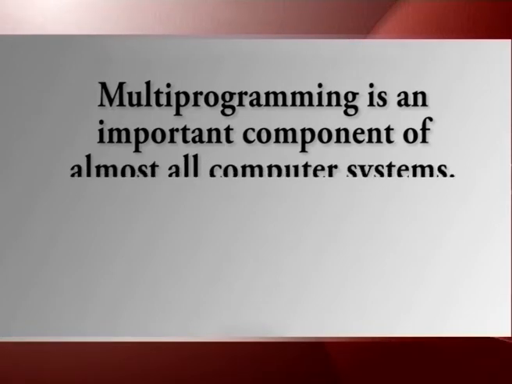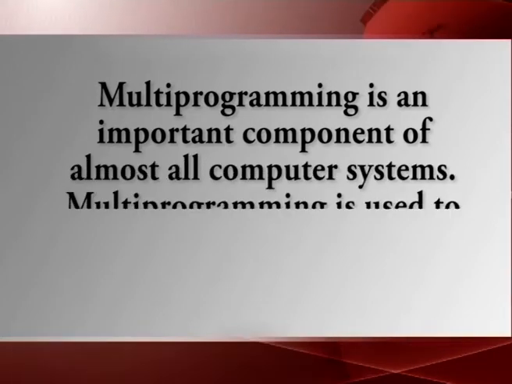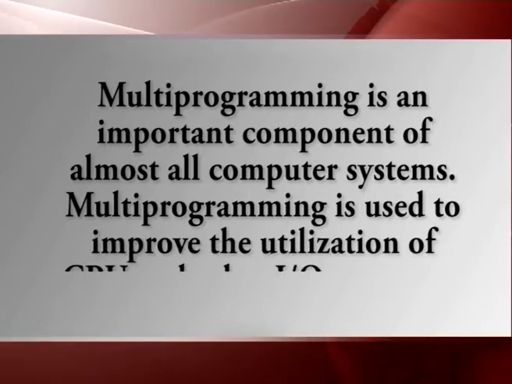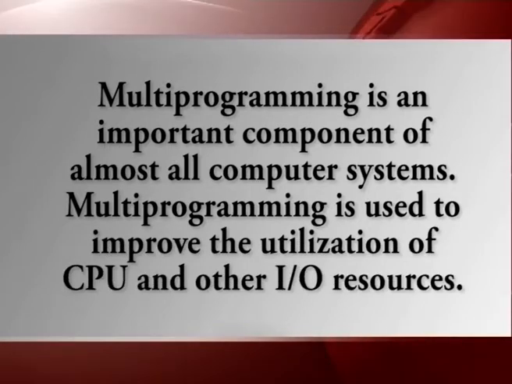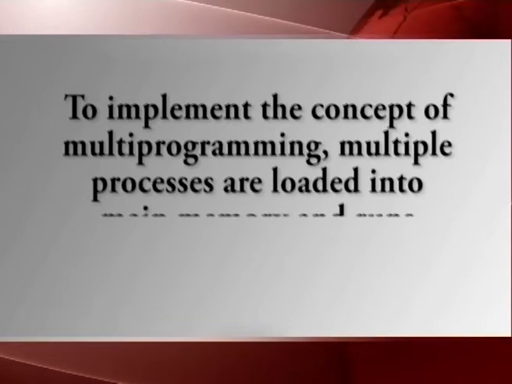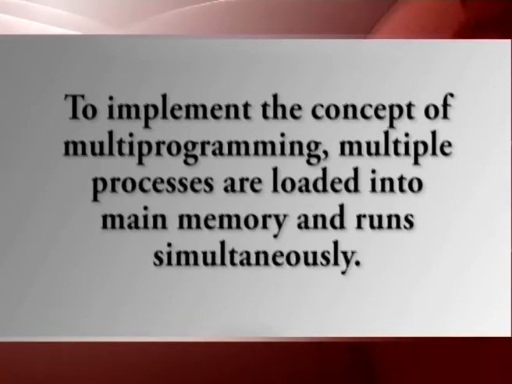Nowadays, multiprogramming is an important component of almost all computer systems. Multiprogramming is used to improve the utilization of CPU and other input output resources. To implement multiprogramming, multiple processes are loaded into main memory and run simultaneously.